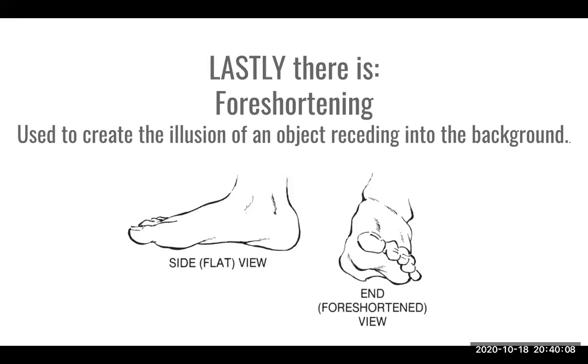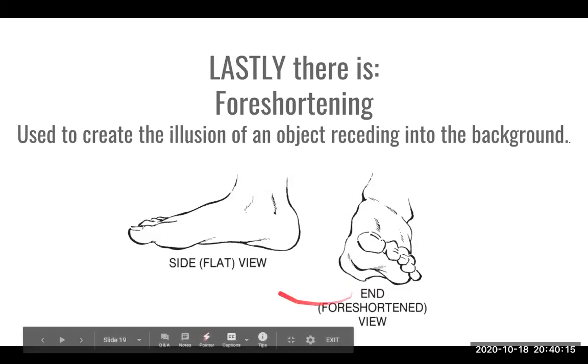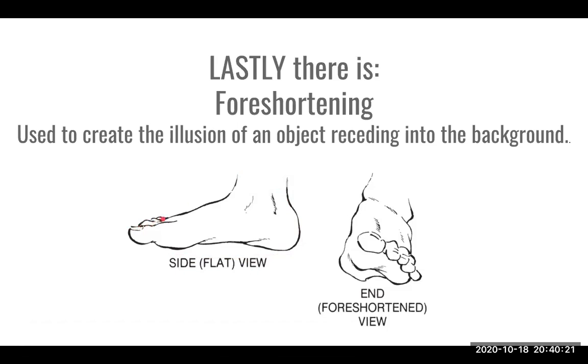And lastly, there is foreshortening. This is used to create the illusion of an object receding into the background. So foreshortening is happening in this foot, as far as seeing the toes go smaller, and you don't even get to see the pinky toe anymore.